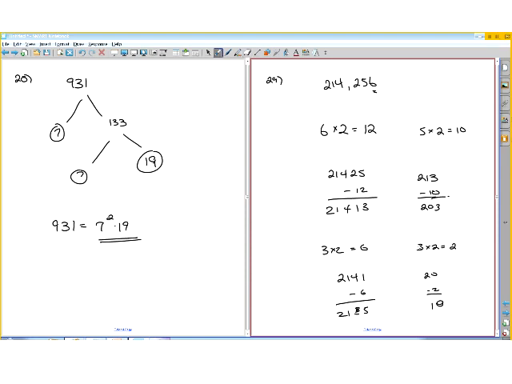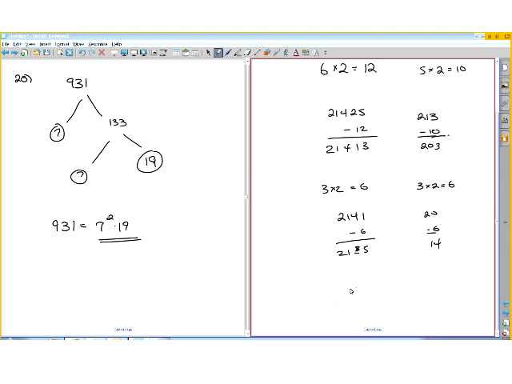The last digit is 3. So 3 times 2 is 6. Then we have 20 minus 6 is 14. 14 is divisible by 7. Since 14 divided by 7 is equal to 2, and we get a whole number, it is divisible by 7.